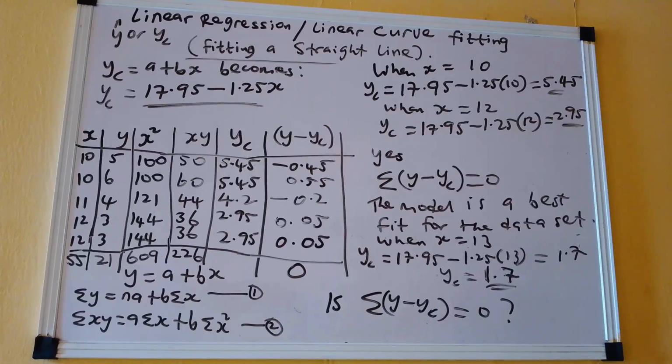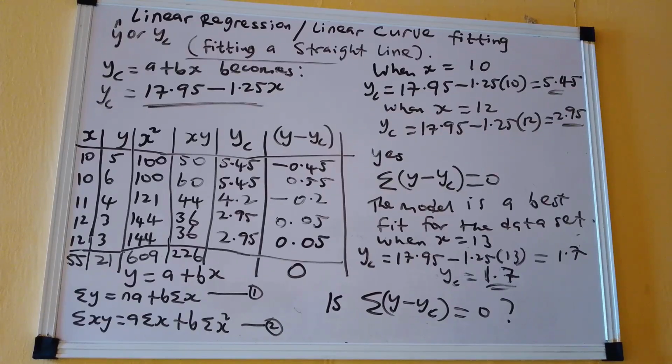And I believe you have learned how to fit a straight line, how to carry out linear curve fitting, how to carry out linear regression. When you are told to do it for x on y or y on x, I believe you already know what to do. You know how to start with the model. From the model, you generate the normal equations by method of least squares.